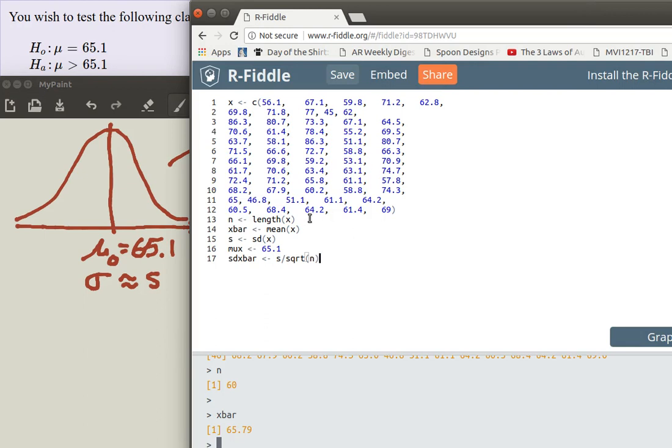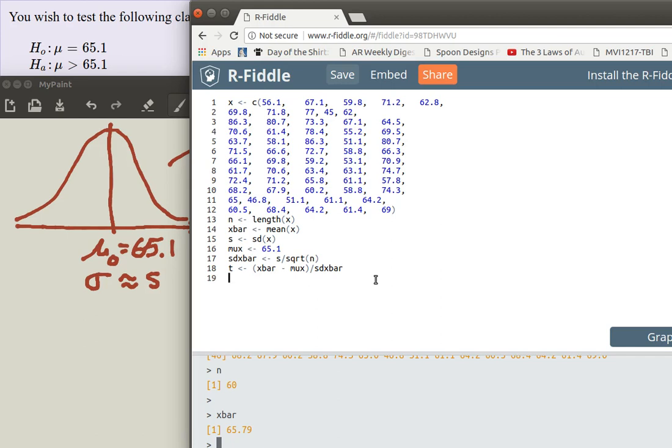So we've got the pieces that we need. Our t-value is going to be, well, let's see, it was x bar minus mu sub x divided by the standard deviation of the x bars, which was s divided by the square root of n.